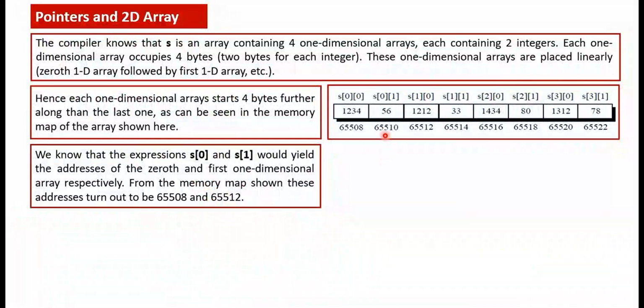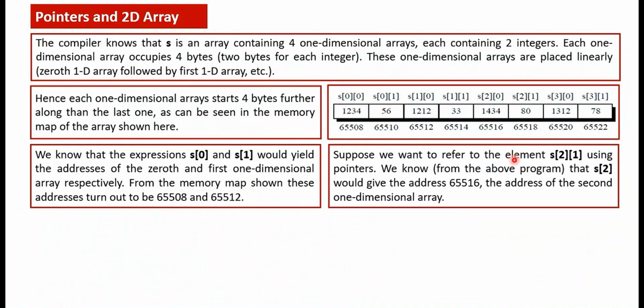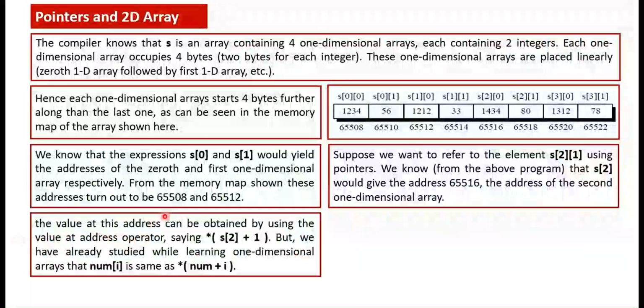Now suppose we want to refer to the element S[2][1], that means row 3 column 2. S[2] would give the address 65516, which is the address of the second one-dimensional array. The value at this address can be obtained by using the value at address operator, that means *(S[2] + 1).